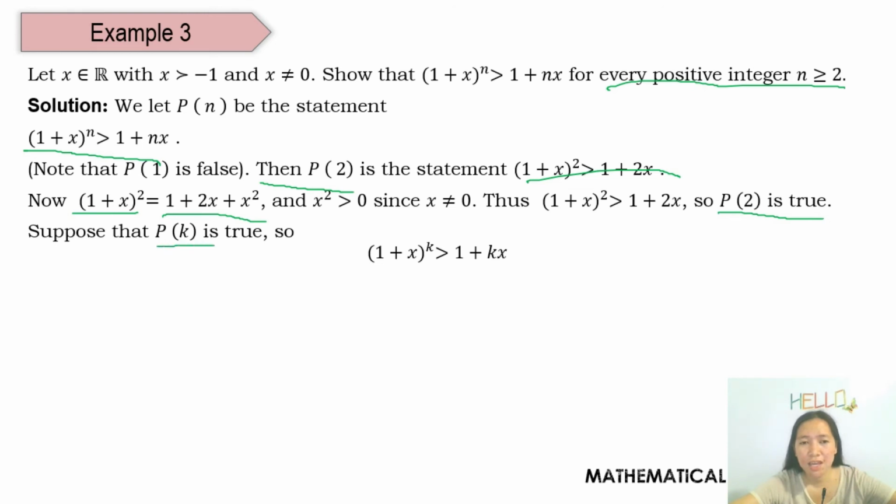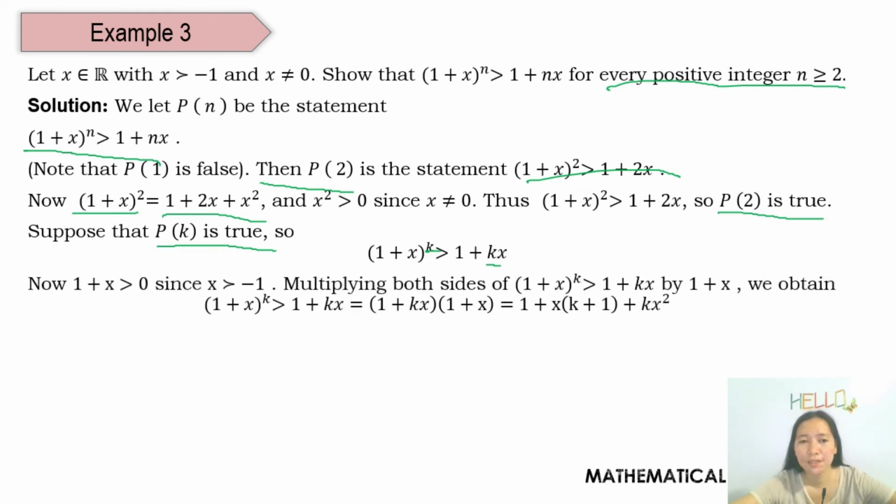Suppose that P of k is true, so by letting n equal k, we have 1 plus x greater than 0 since x is greater than negative 1.